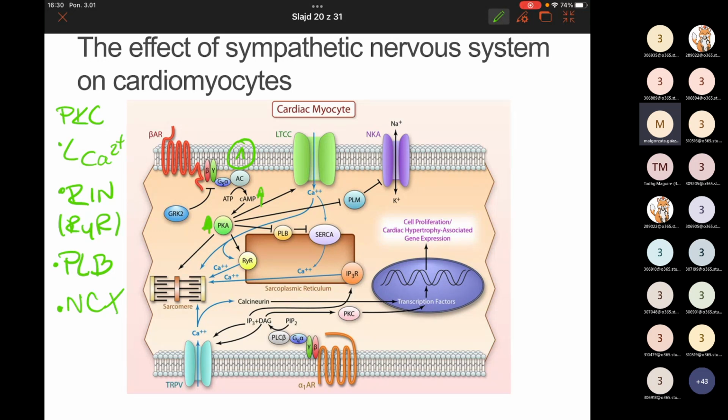So the sympathetic nervous system not only increases the calcium influx into the cell, which leads to increased contraction force and inotropic positive effect, but it also allows to increase the velocity, the speed of calcium removal from the cell. It increases the velocity of relaxation, which is called lusitropic positive effect.